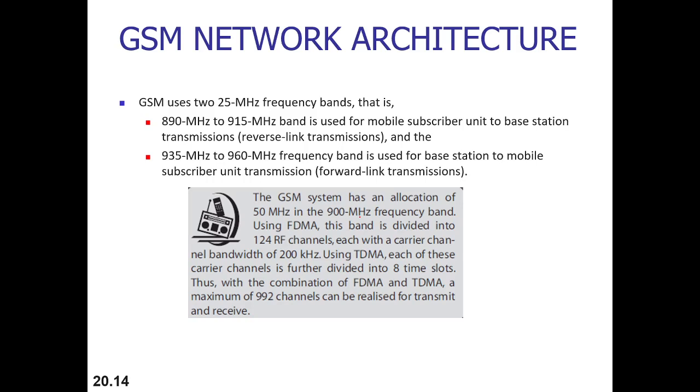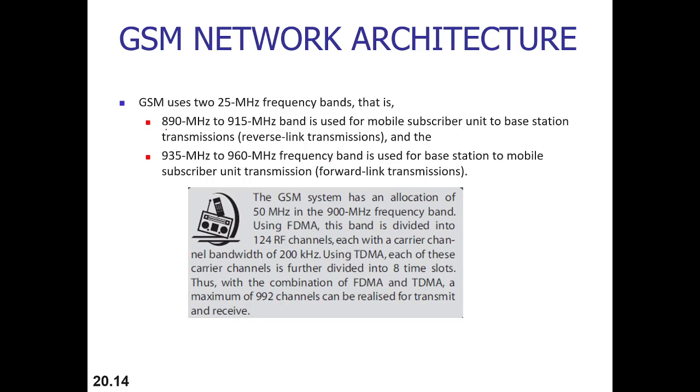Before getting on to the architecture, let's look at the frequency bands involved in GSM. So as I told you, the GSM 900 band is used for the uplink and the downlink, where a 25 megahertz frequency band is used in the 900 megahertz range.